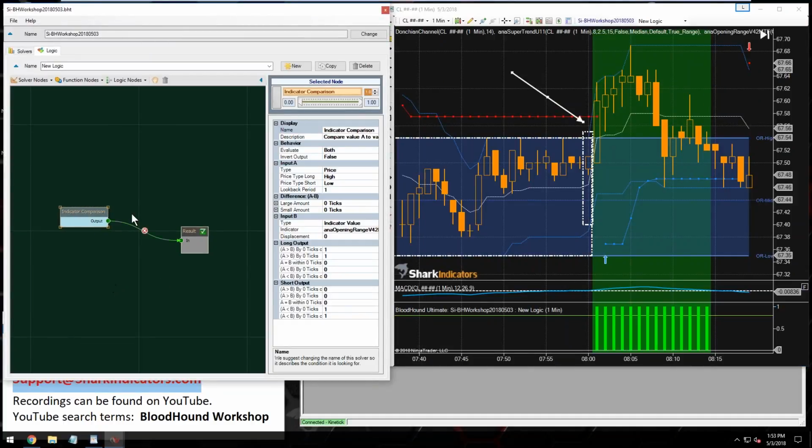All right, so back to this comparison solver here. Let's give this a name before I get going too far. I'm just going to have to arbitrarily pick a value here.